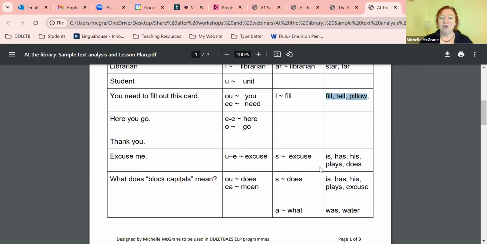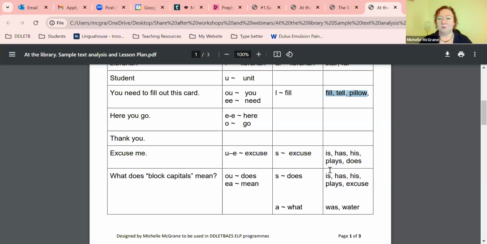A useful one, and I just want to point at this one because this is quite a common one, is this as a spelling for the sound z. I will say to my learners, usually you all know that this is a spelling for the sound s. However, sometimes it's a spelling for the sound z.